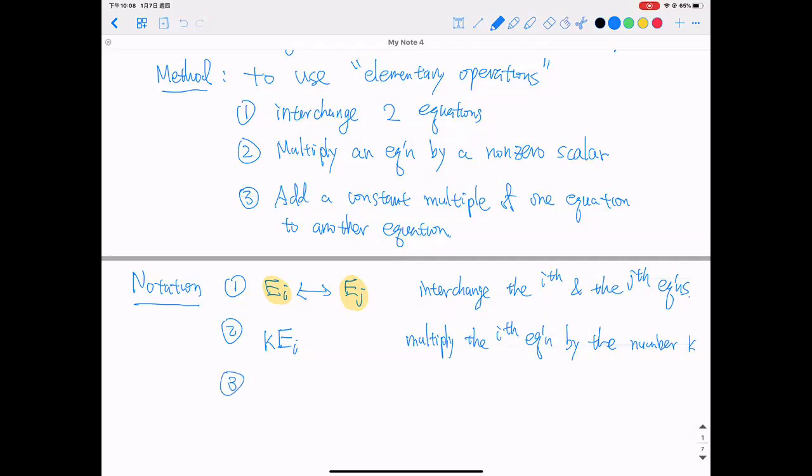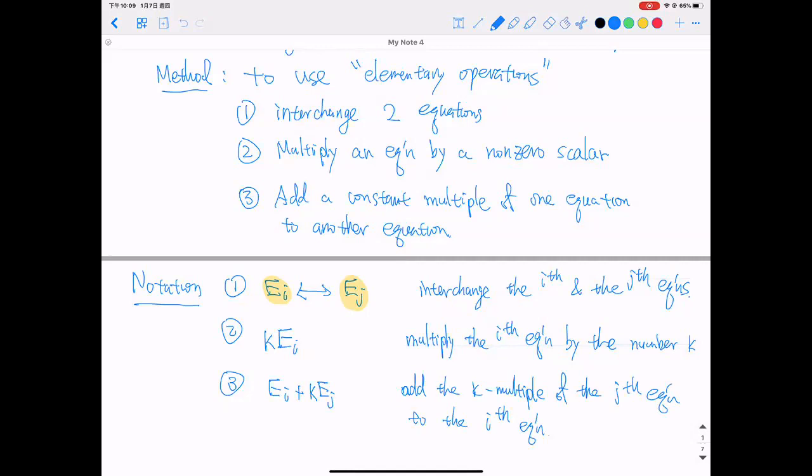Lastly, we sometimes take the i-th equation Ei, and take the j-th equation Ej multiplied by a number K, and add the resulting equation to Ei. So this symbol means add the K multiple of the j-th equation to the i-th equation.